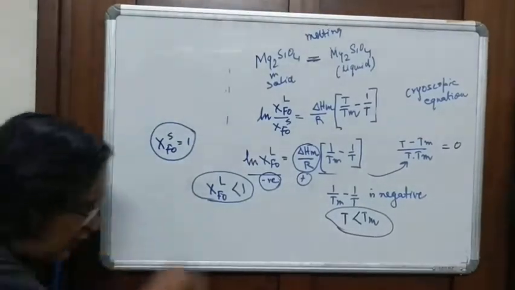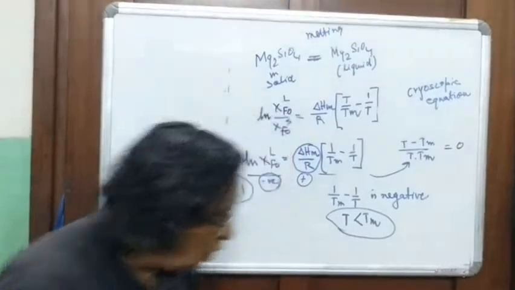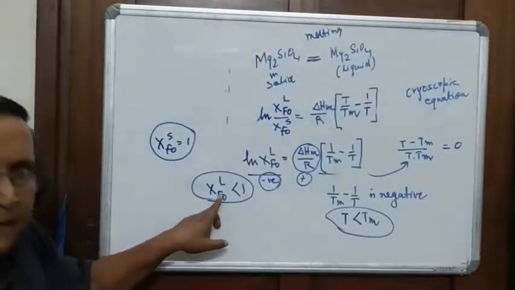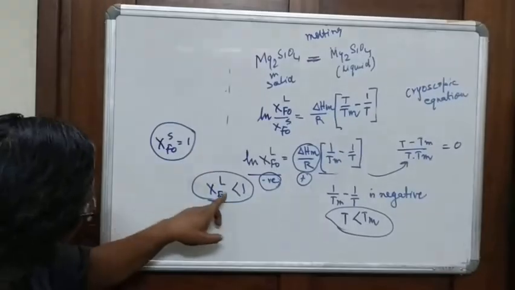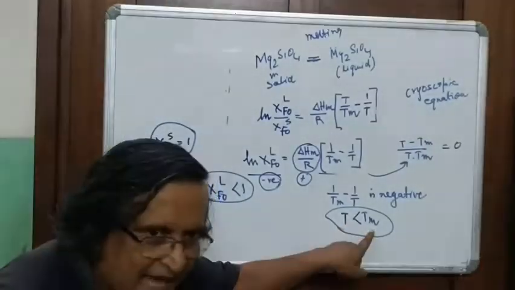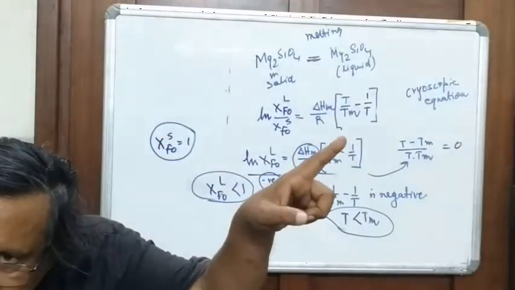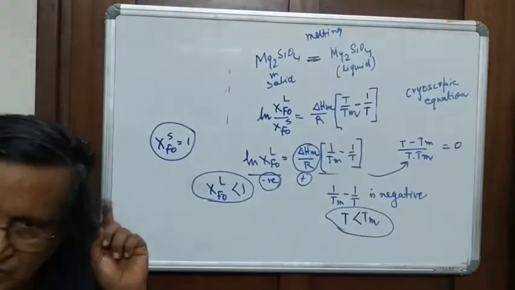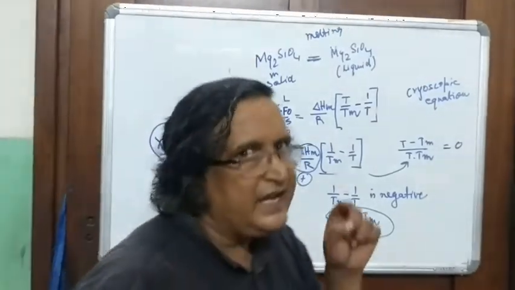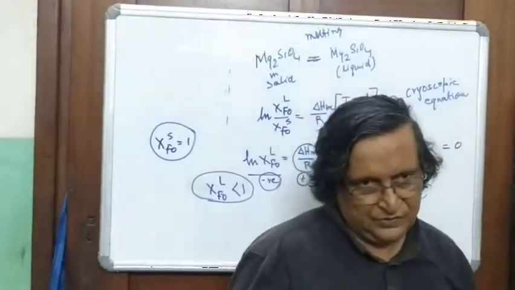That is why X phosphorite in the liquid is less than 1. So, if you add something and make the phosphorite impure, then your temperature of equilibrium should be less than the temperature at which the pure phase melted. Have you understood? That is why it is called the depression of melting point.